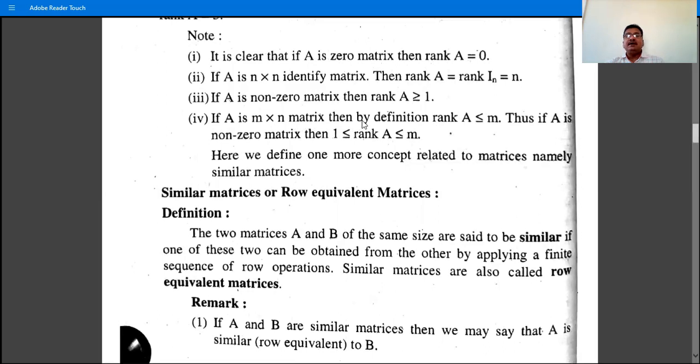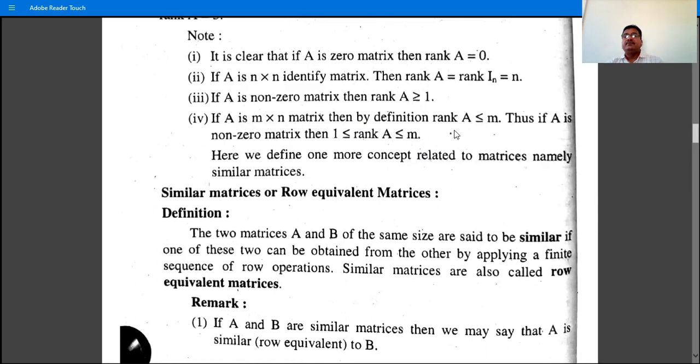If A is an m by n matrix, that is, A contains m rows and n columns, then the rank of A is less than or equal to m, because the rank of A is the number of non-zero rows in its echelon form.